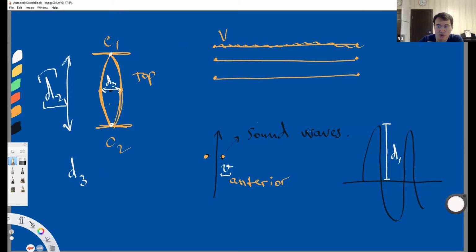In this case, we actually change the lengths of the wave.